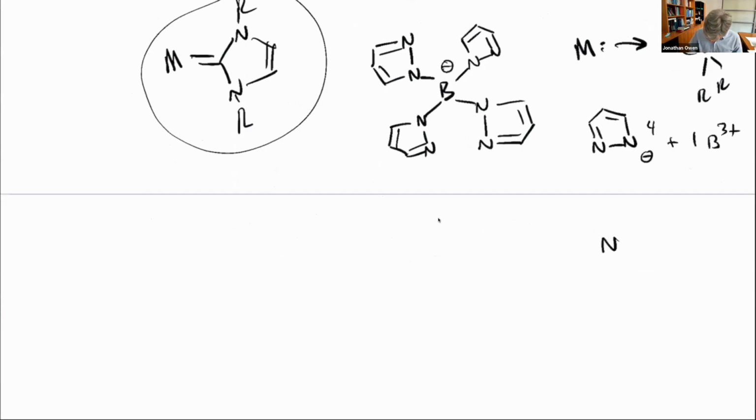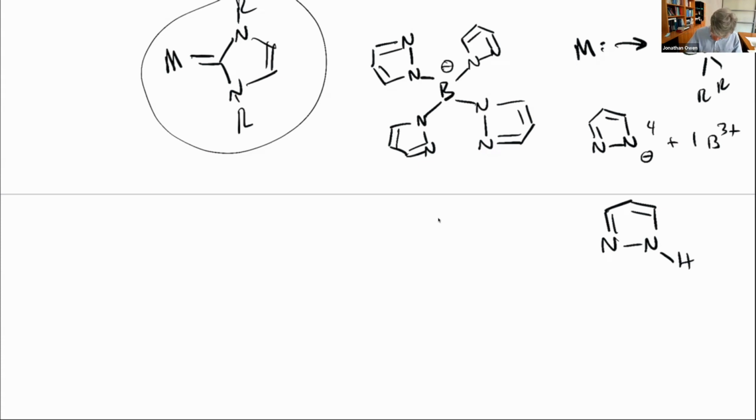The neutral fragment is this guy, pyrazole. So you have 4 pyrazolate ligands around 1 boron. That gives you a borate, or tetrakis pyrazolyl borate. People call it TP for short.